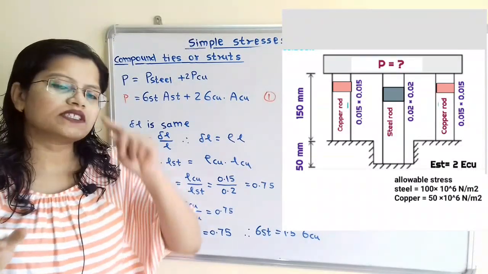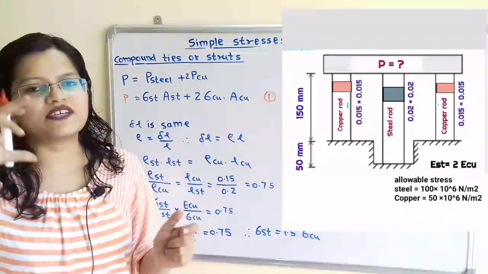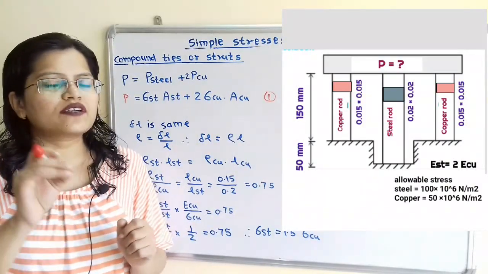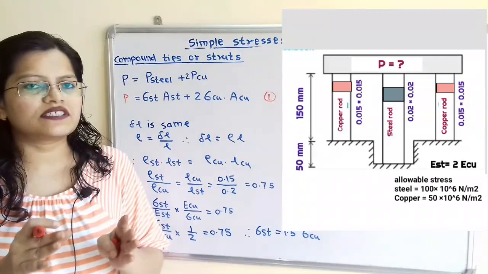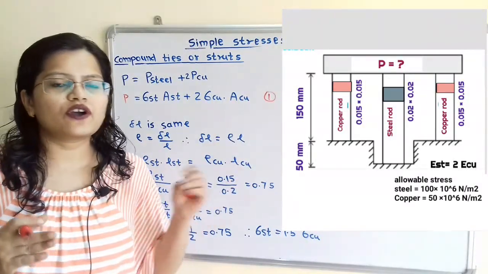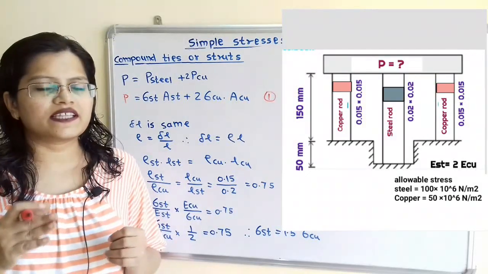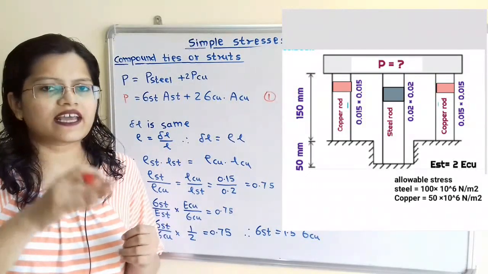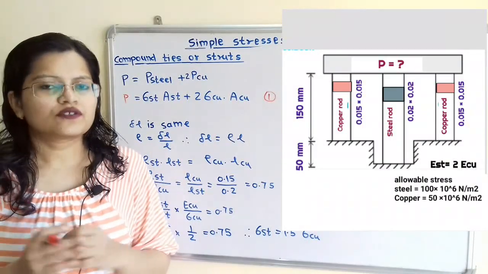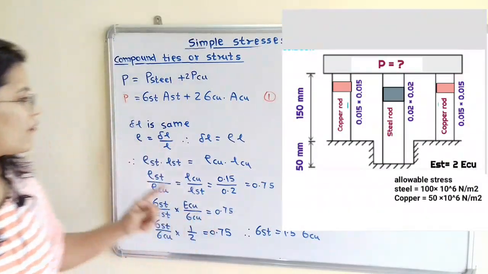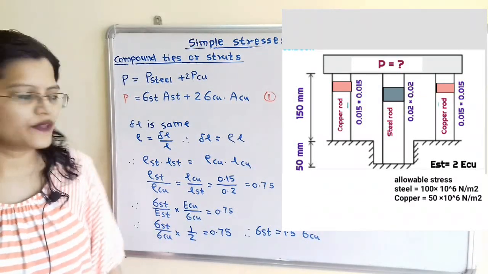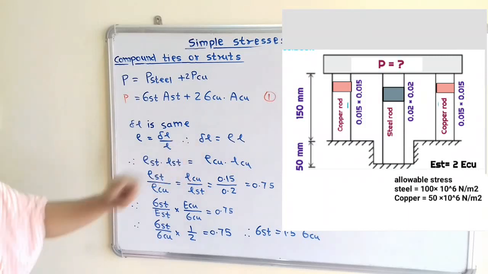The original length of the copper rod is different from the original length of the steel rod, so we cannot say the strain produced in steel is equal to strain produced in copper. But if we observe the diagram, the change in length delta L should be the same for each rod. So delta L for the steel is equal to delta L for the copper.